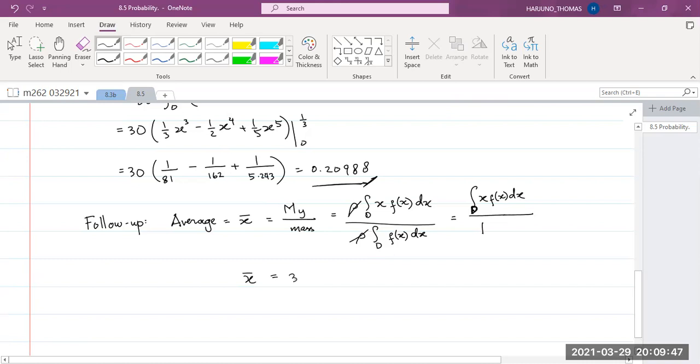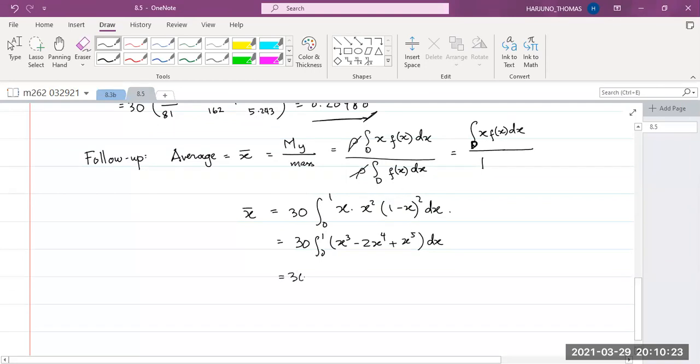That will be 30 times the integral from 0 to 1 of x times f(x). Supposed to be divided by 1, but dividing by 1 will not change the value. So this is the integral from 0 to 1 of x cubed minus 2x to the 4th plus x to the 5th dx.